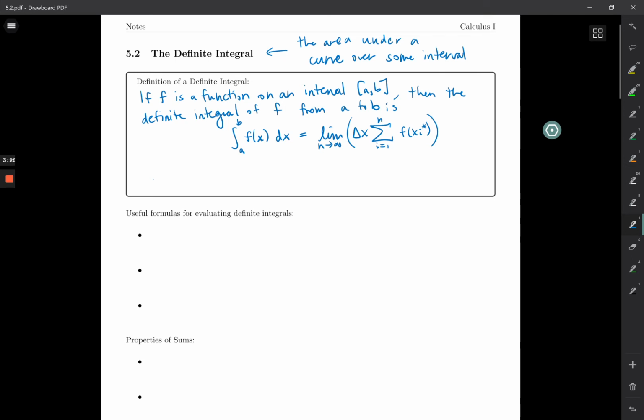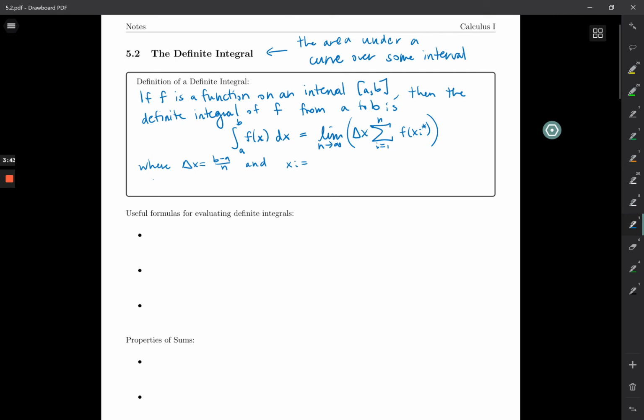Okay, so let's just note that delta x is always (b minus a) over n, and x_i is the ith endpoint, right?